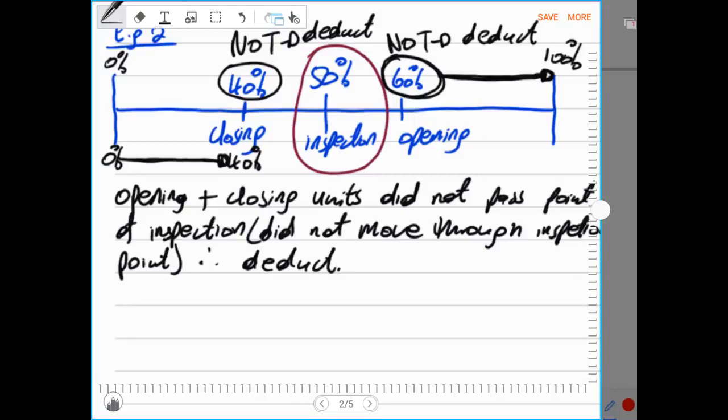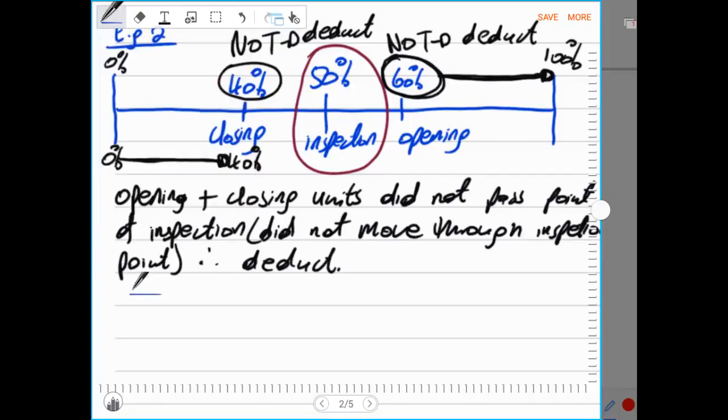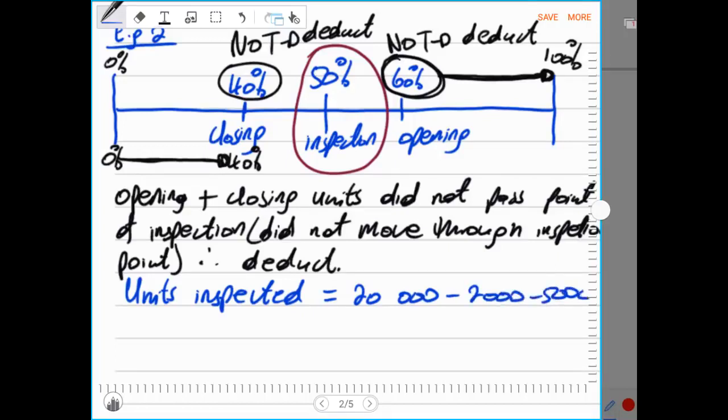So now let us calculate units inspected, because we need to know how many units were inspected. Units inspected is always total input output, which is 20,000, deduct the units that did not go through the point of inspection, which is 2,000 minus 5,000.